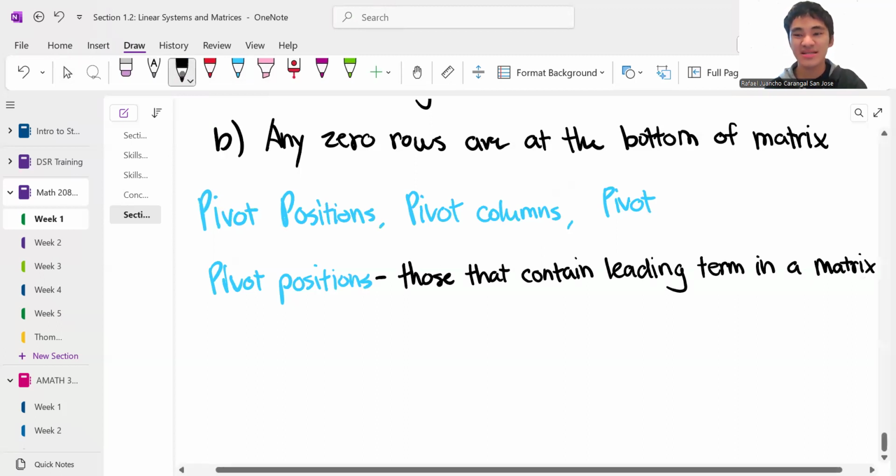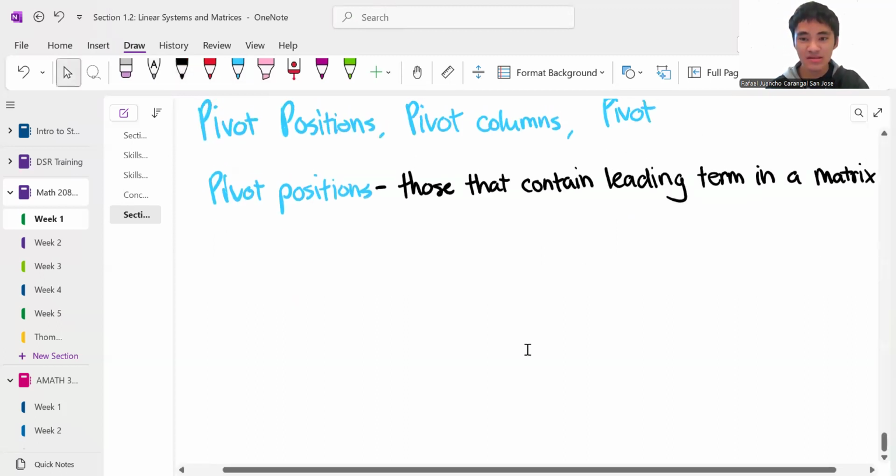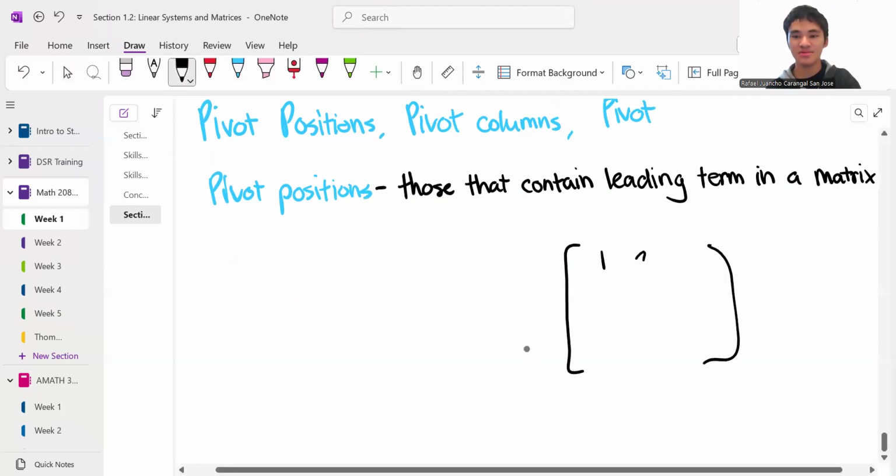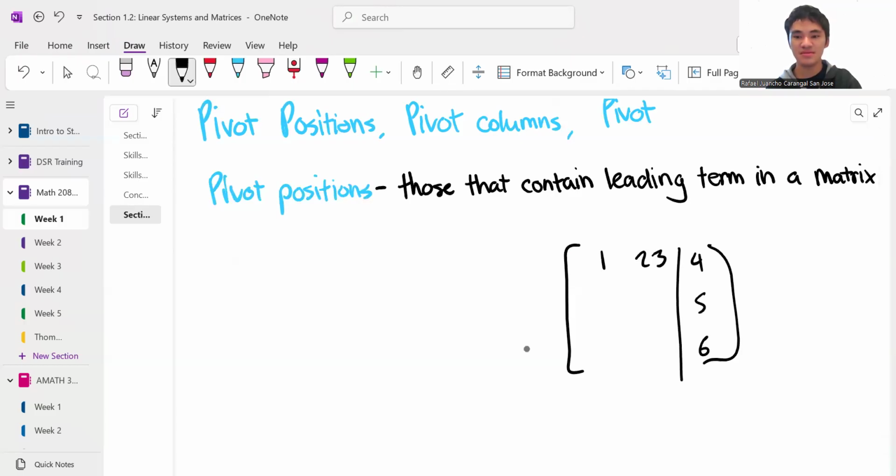So this is not necessarily the number, but it's the position or the place. So we have this example again: 2, 4, 5, 6, 7, 8, 9. Say we have that matrix.